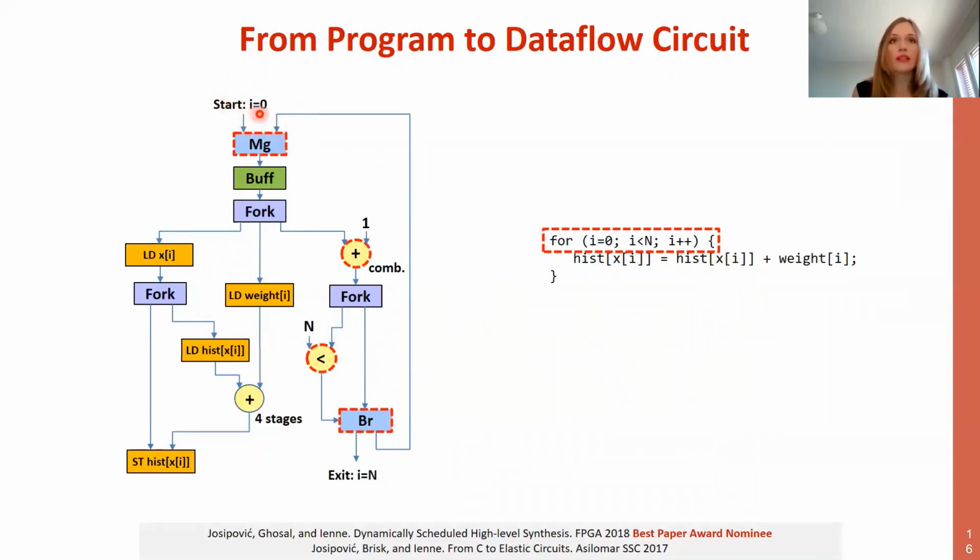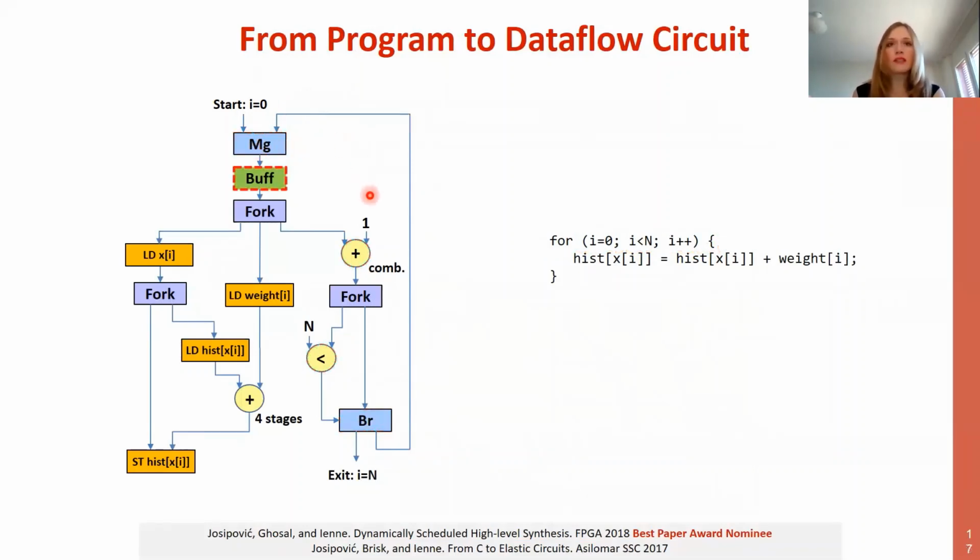So in this case, it will take either the initial value of the iterator or the previous one coming from the branch. And the branch is the one that decides when to terminate the loop. It will compare the loop iterator with a loop bound and then decide whether to exit the loop or to send data back through the merge to start a new loop iteration.